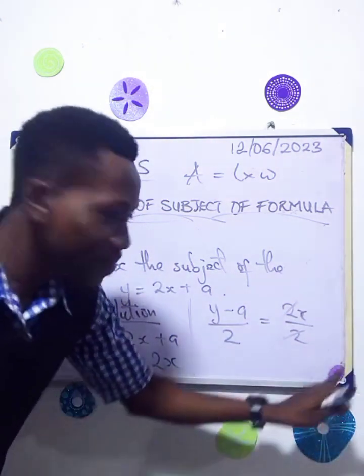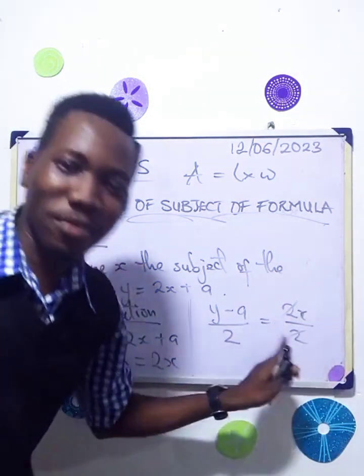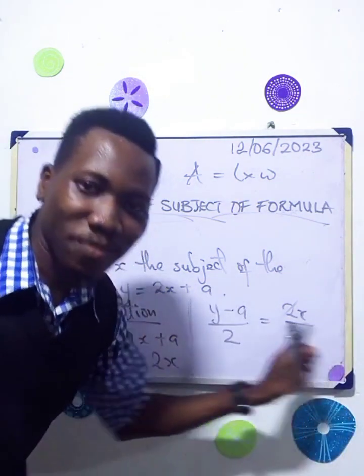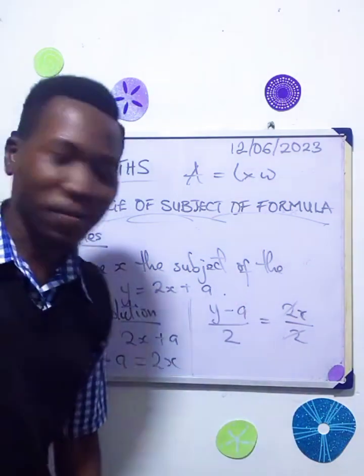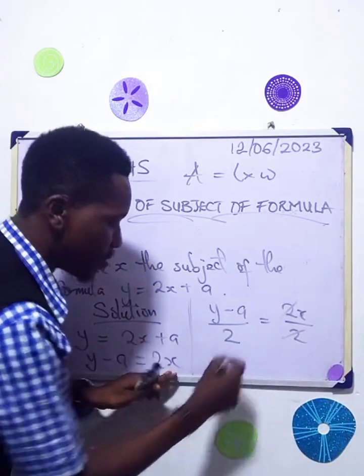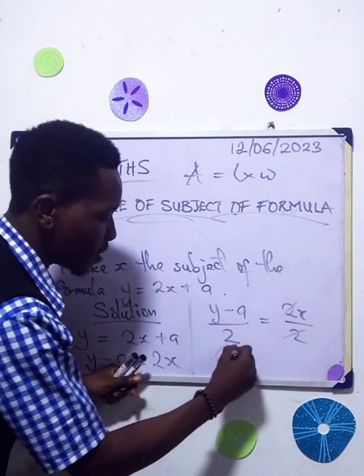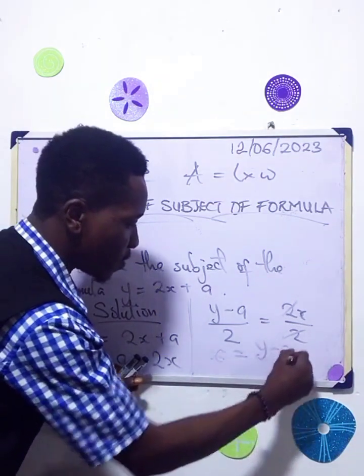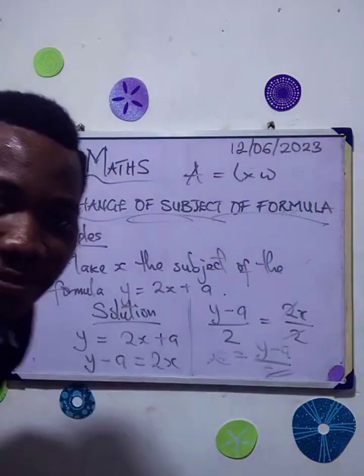And finally, our x is free. So now x is the subject of this formula. x equals y minus a all over 2. C'est fini. It's the same thing as saying x equals y minus a all over 2. That's our answer.